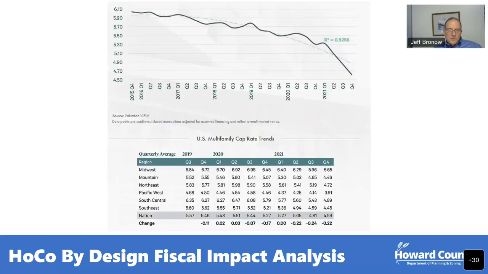This comes from the same source I had shown before from CBRE, Coldwell Banker, I believe. That's sort of a standard company that tracks these things. So in the Northeast region, 2021, the 4 quarters, I took those 4 and divided by 4 to come up with 5.23.